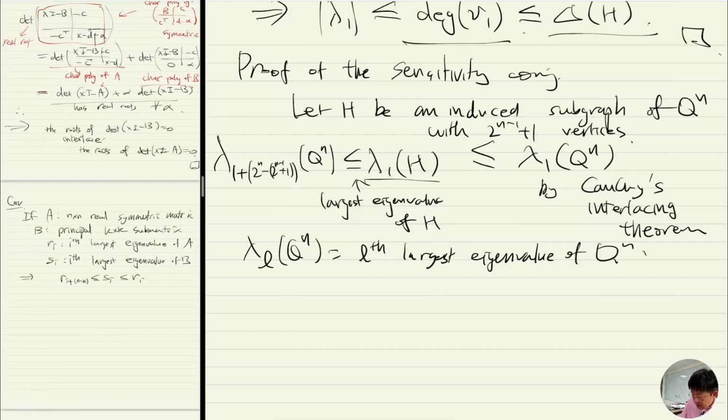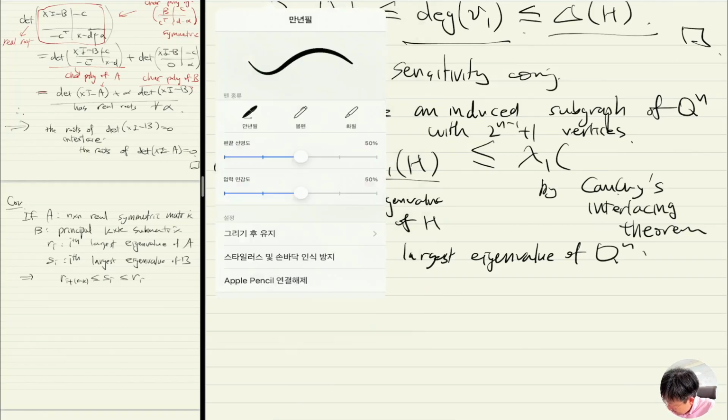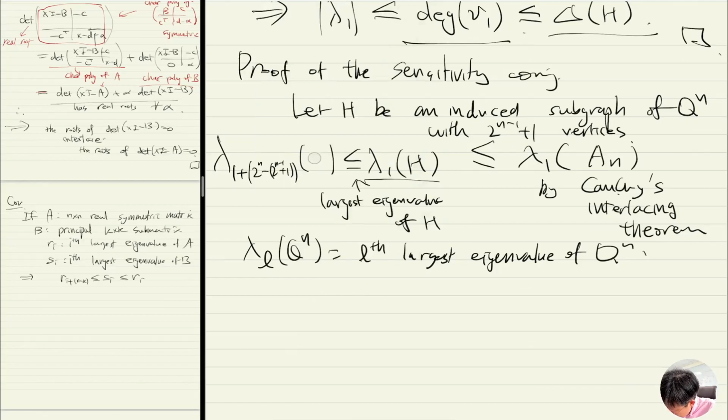The reason is, you can think of A as an m by n real symmetric matrix. Oh, wait, I shouldn't say Qn. Let me fix it. It's not Qn, it's An. And this H, instead of H, what we have is An induced on V of H.